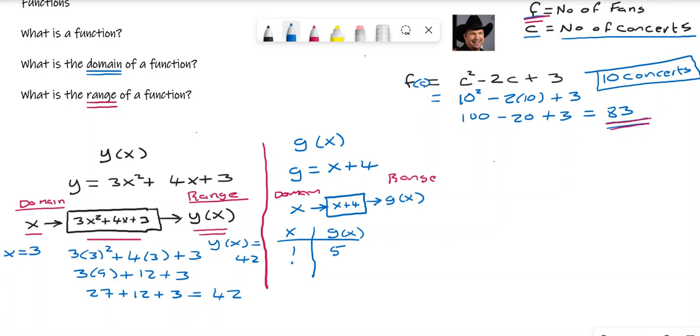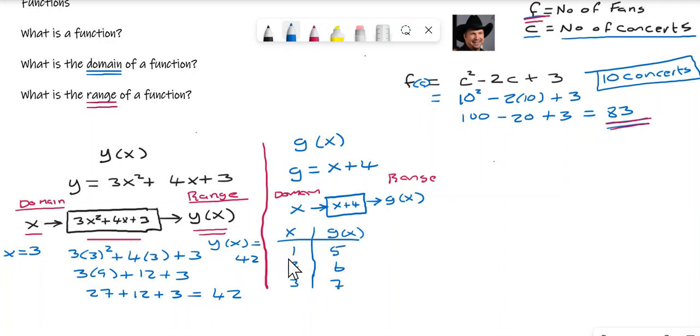If I put in 2, it's going to be 2 plus 4, so g(x) is going to be 6. If I put in 3, then it's going to be 3 plus 4, which is equal to 7. And I can just keep putting in values. These are our domain, and then this is the range of values that you can get.